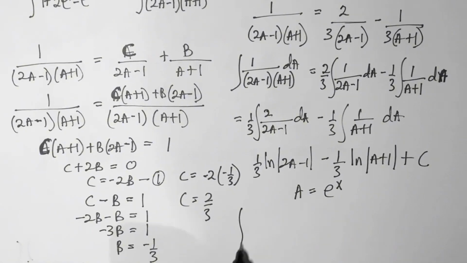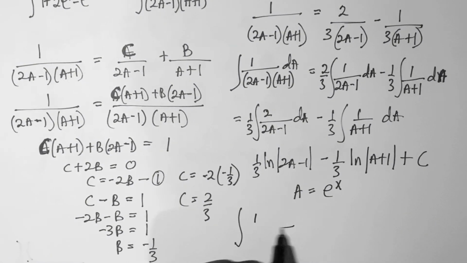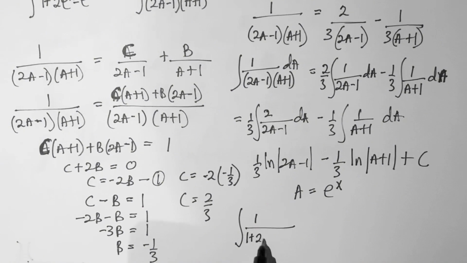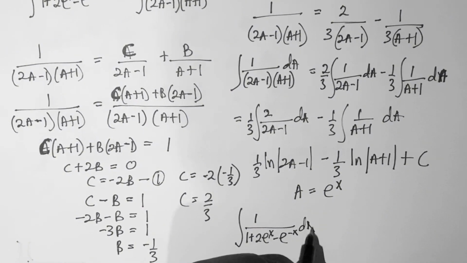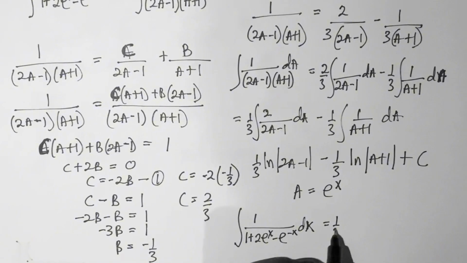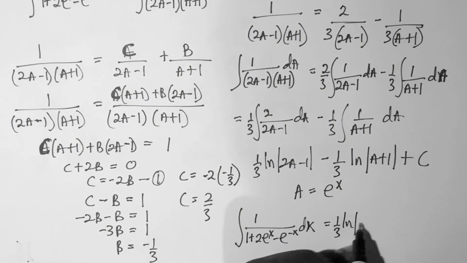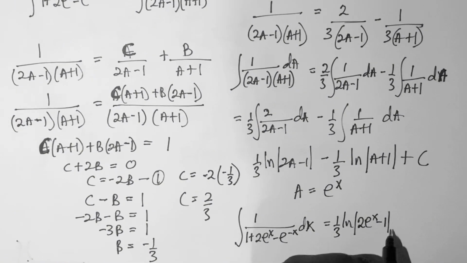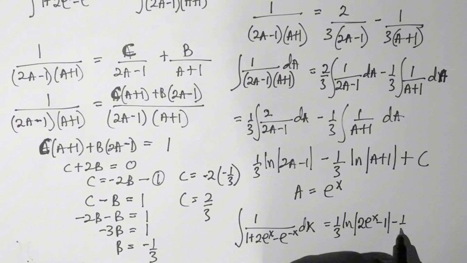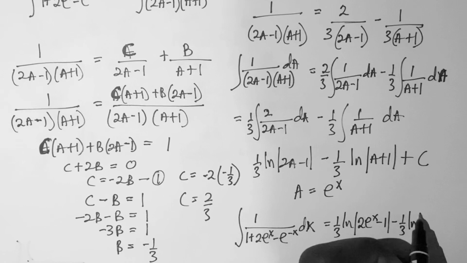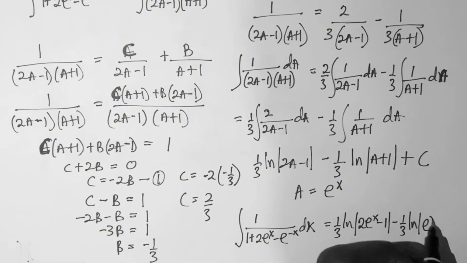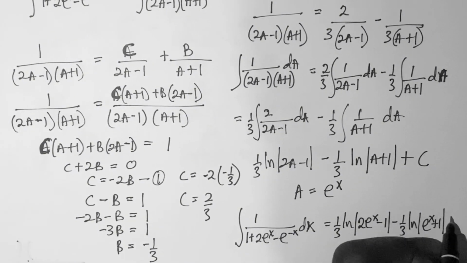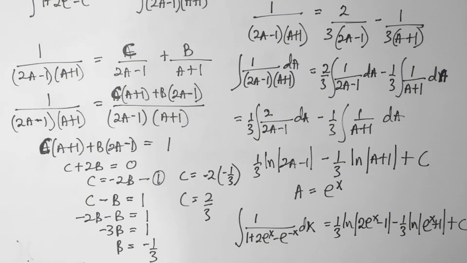So the integral of 1 divided by 1 plus 2 exponent x minus exponent minus x dx is equal to 1 over 3 natural log of the absolute value of 2 exponent x minus 1, then minus 1 over 3 natural log of the absolute value of exponent x plus 1, then plus the constant of integration c.